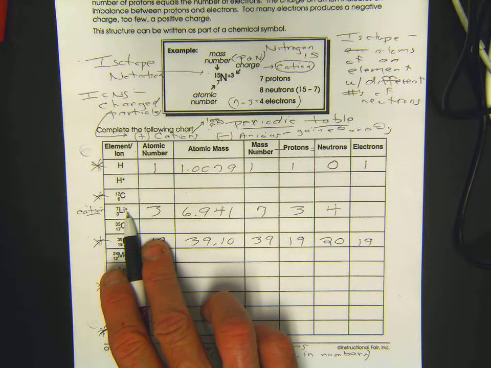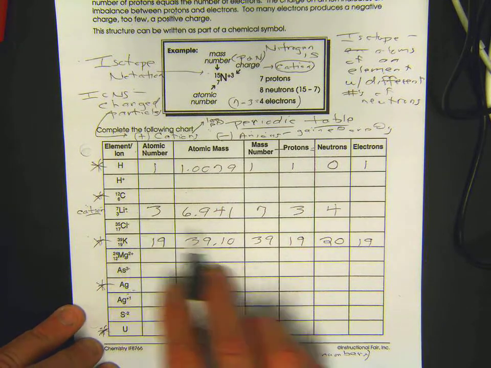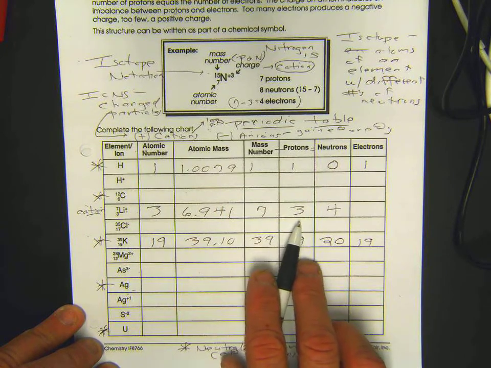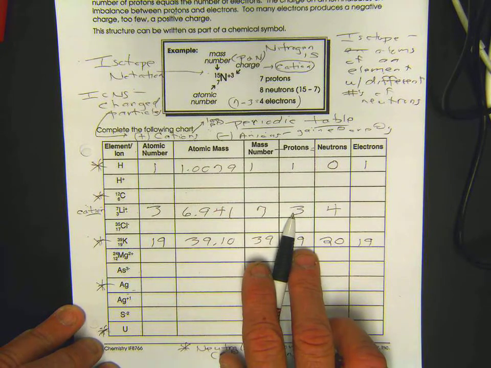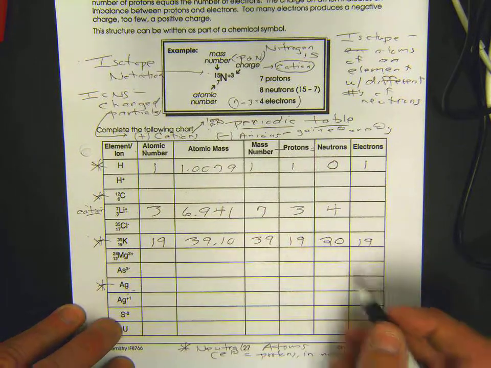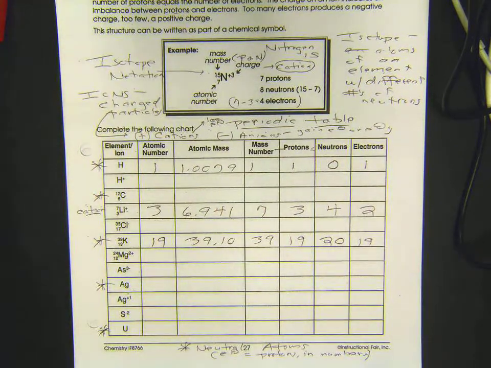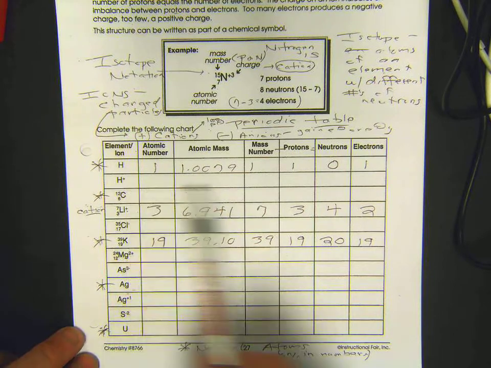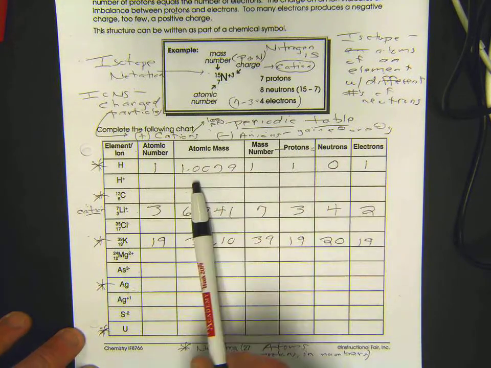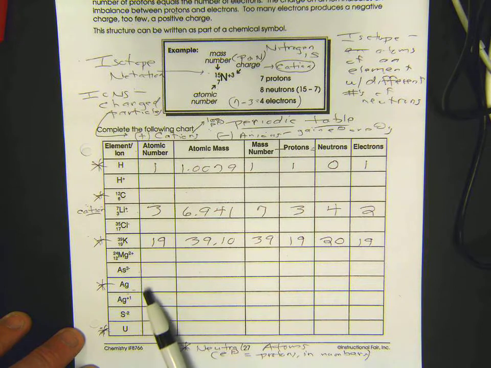So it means I lost 1 electron. So the number of electrons here is basically going to be 3 minus the 1 lost, or 2 electrons. All right, so see if you can try those in a couple. See if you can figure out hydrogen up here. That's an interesting one to try to figure out. You've got another cation here with magnesium.